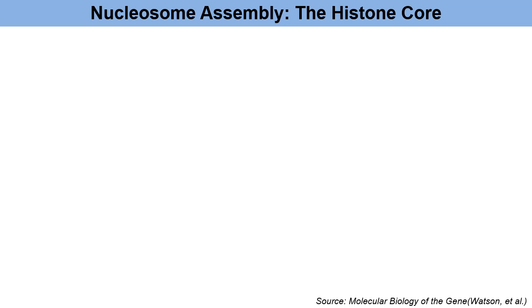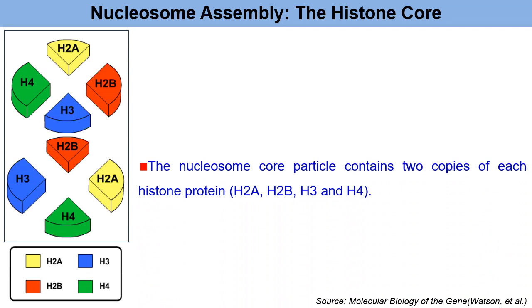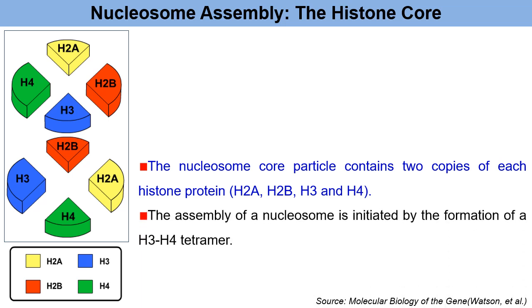Let us now look into the assembly of the histone core in more detail. The nucleosome core particle or the histone core contains two copies of each histone protein, H2A, H2B, H3 and H4. The assembly of a nucleosome is initiated by the formation of a H3H4 tetramer.